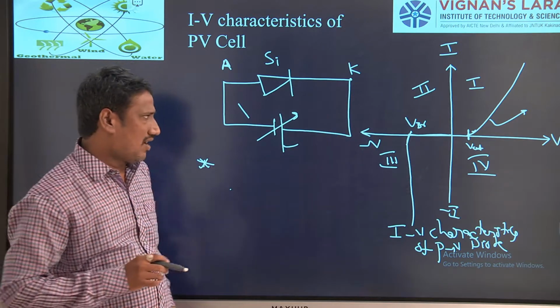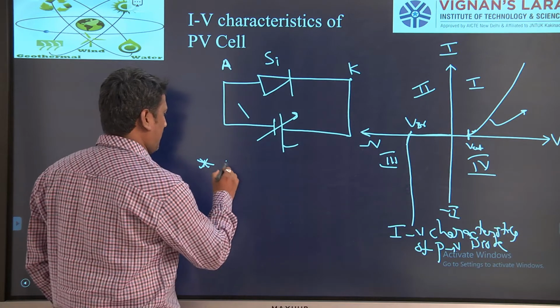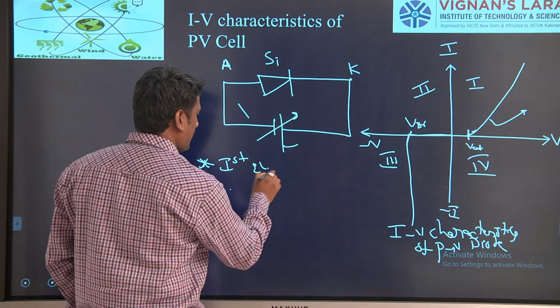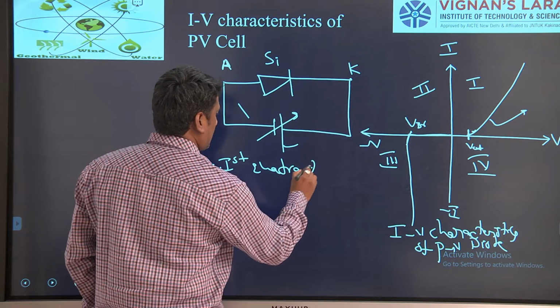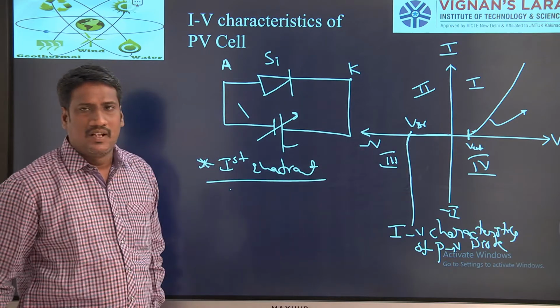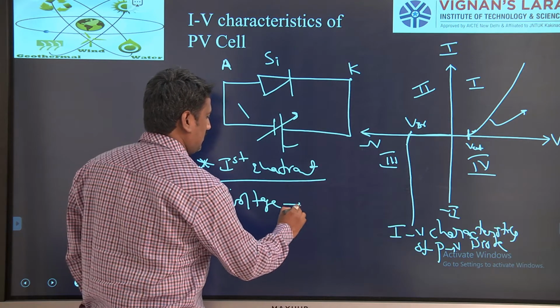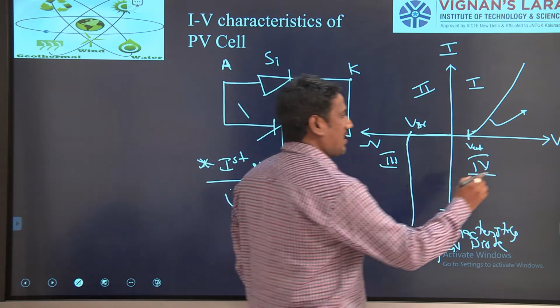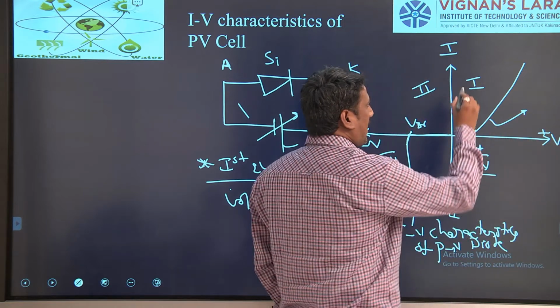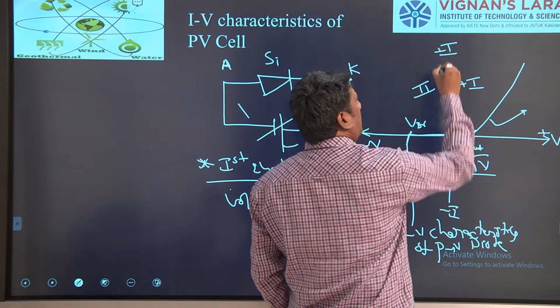So in the first quadrant, if you observe, voltage is positive, and current is also positive.